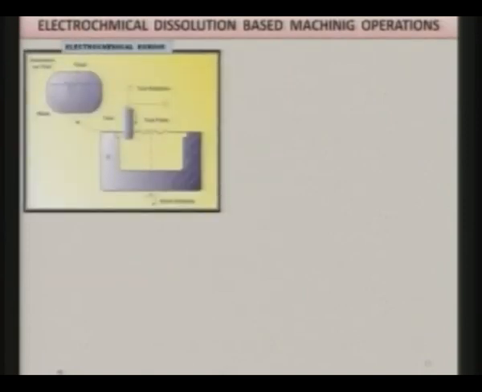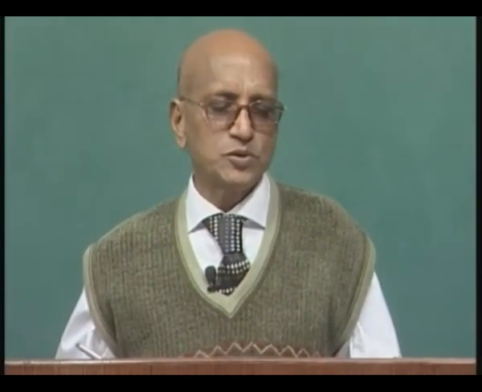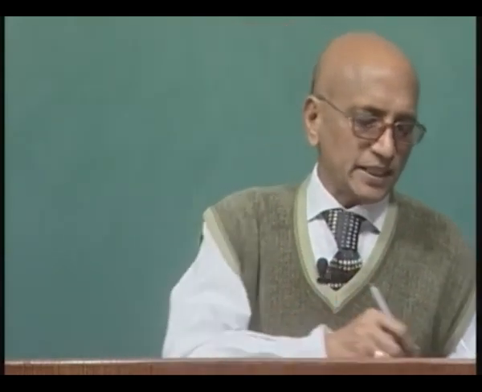Now, I will show you some of the operations which I named in the last two slides. The first one is the electrochemical boring operation. Boring is what? We already have a hole of a certain diameter and we want to increase the size of the hole, and we normally do not have a drill of that size. Then you perform the operation that is known as boring.